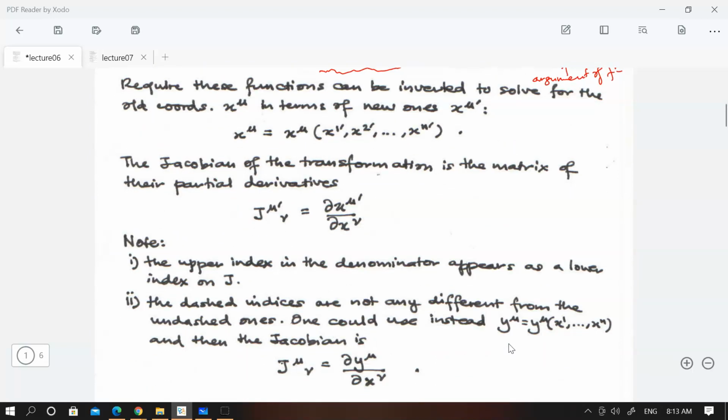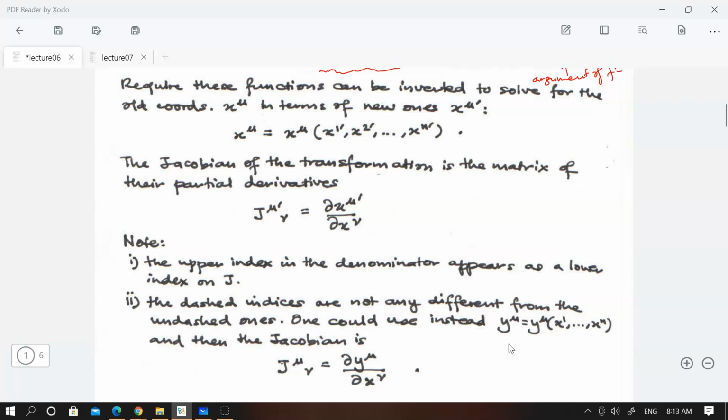So some notes over here is to look at what actually happens on both sides of the equation for this Jacobian. The way we denote the indices follows from the right hand side, from the partial derivatives.